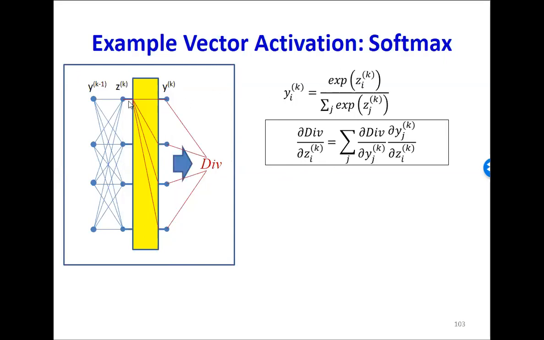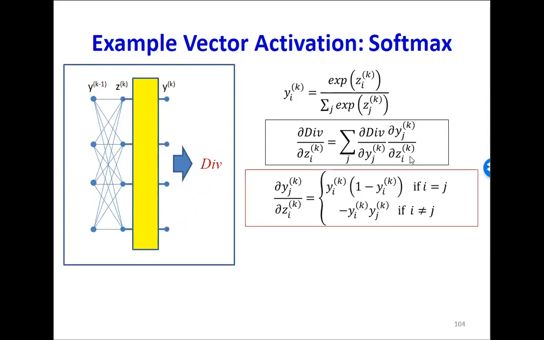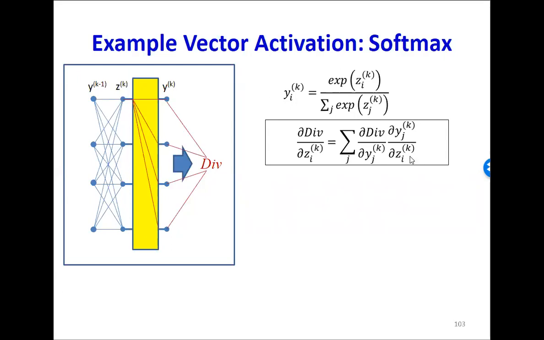Now, what is this derivative? This first term, we've already assumed that these derivatives, as you're backpropagating, coming in from the end of the network backwards, have already been computed. So the only term that remains is the derivative of Y with respect to Z. And exactly what is that?